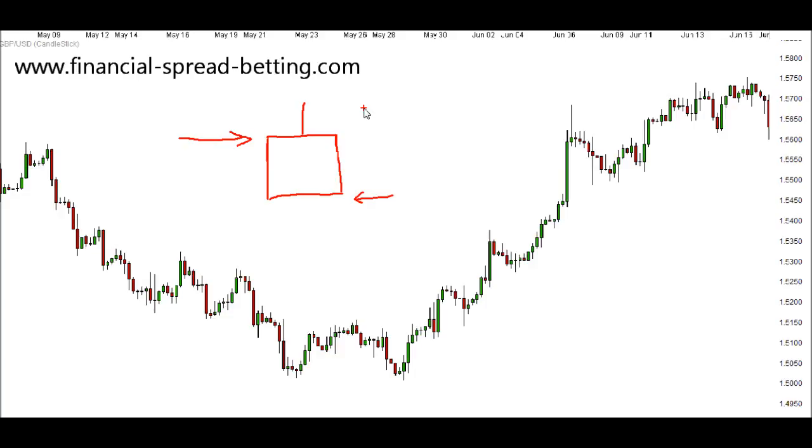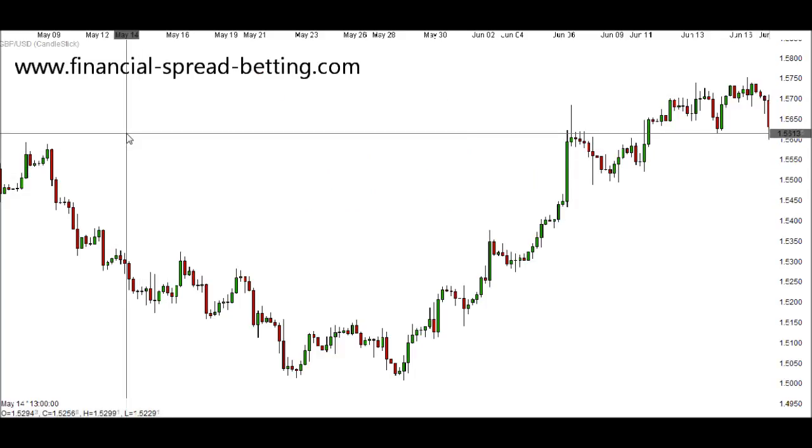An engulfing candle would be a candle that's bigger in size and engulfs or shadows the candle previous. So this is a bullish candle, opening price is here, closing price is here, and you'll see that the size of this candle engulfs this candle previous.